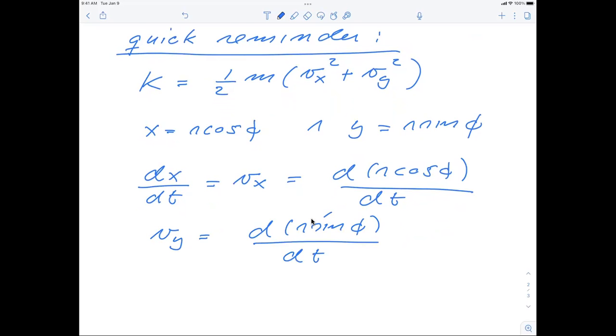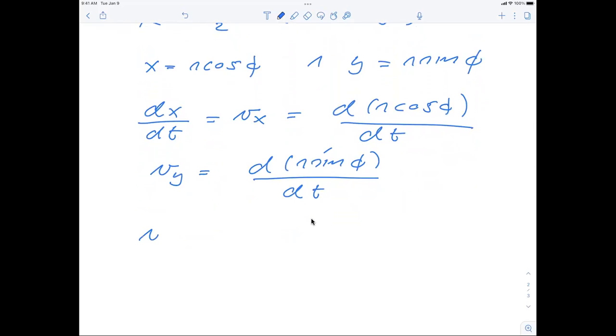So if I now want to square these, this quantity is clearly given by dx/dt squared.